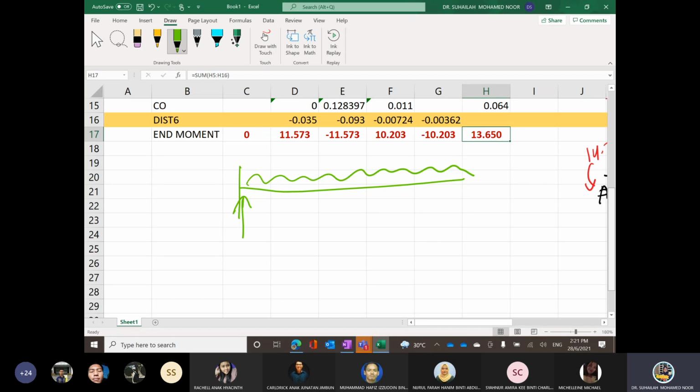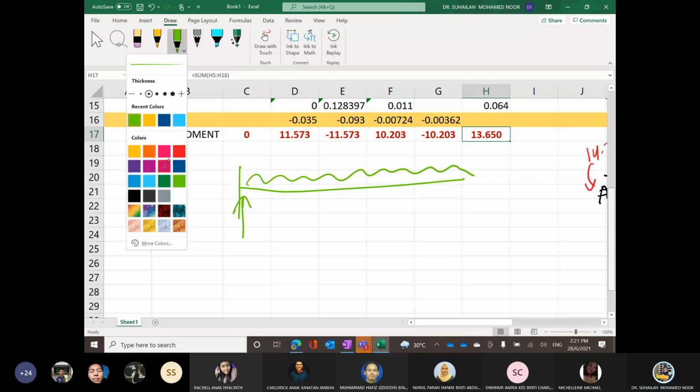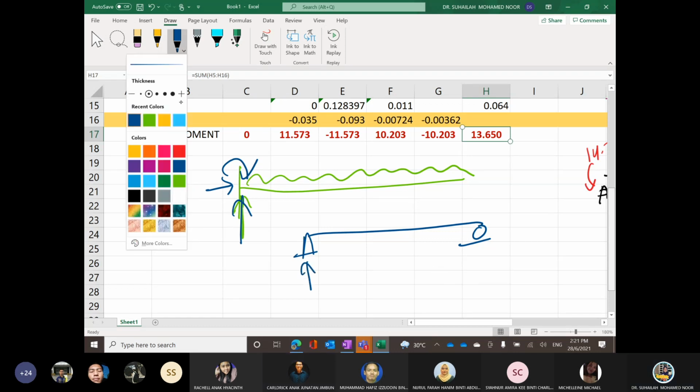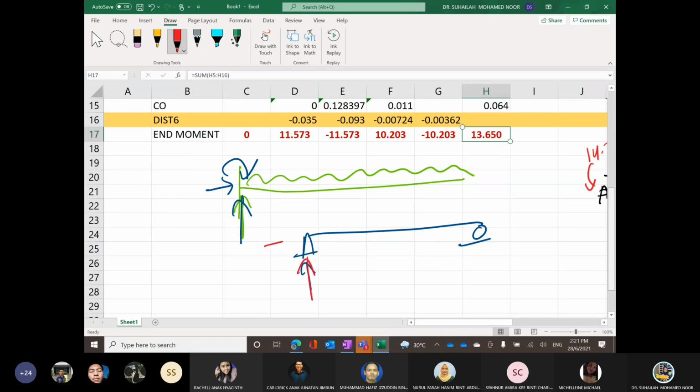You put the free body diagram like this, right? Fixed end. Simply supported beam, the free body diagram. We don't put moment here, right? Okay, why we don't put moment at roller and pin?